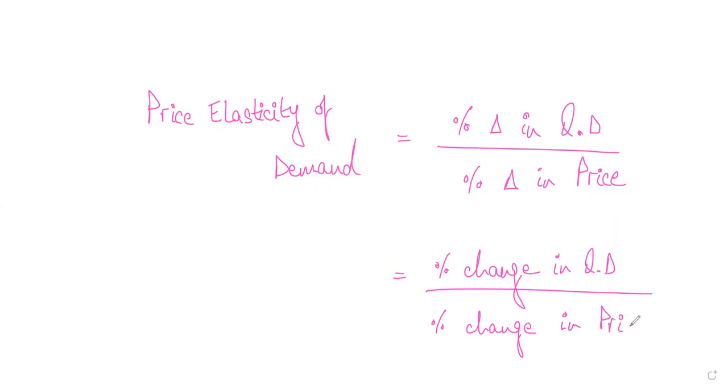Now, we said that how responsive demand is with regards to price is what price elasticity of demand determines. Then we talked about a couple of different factors that affect price elasticity of demand. The first one was necessity versus luxury. If a product is a necessity, it will be inelastic.